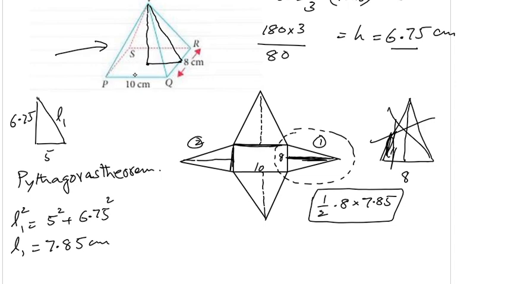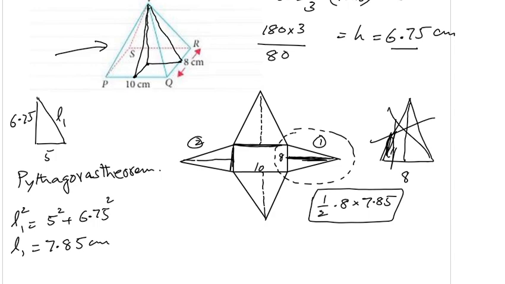But again, now in the same shape I draw a line like this here to the midpoint of PQ, and then the side PQV has a slant height.